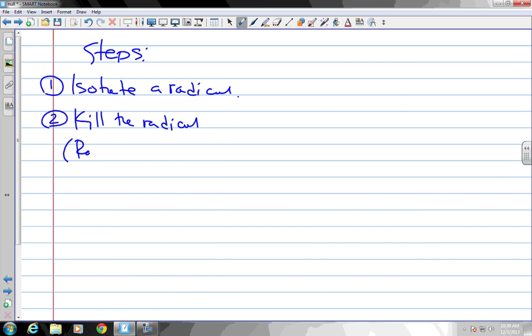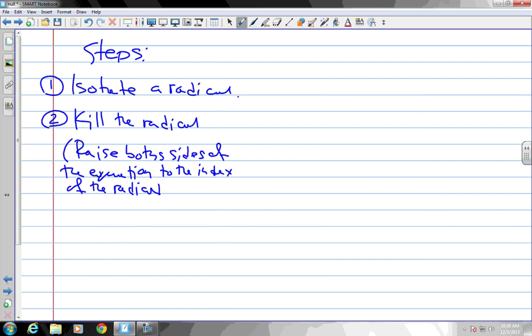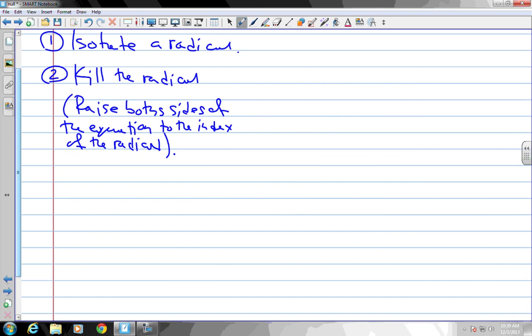So raise both sides of the equation to the index of the radical. So again, cube root, cube it; fourth root, raise both sides to the power 4, and so forth. Okay?